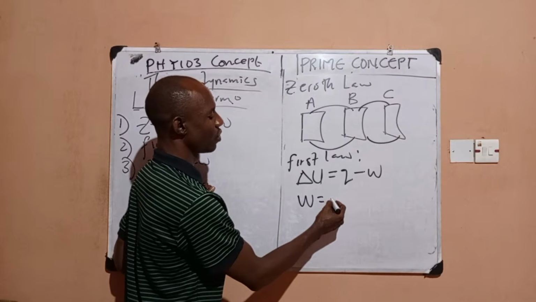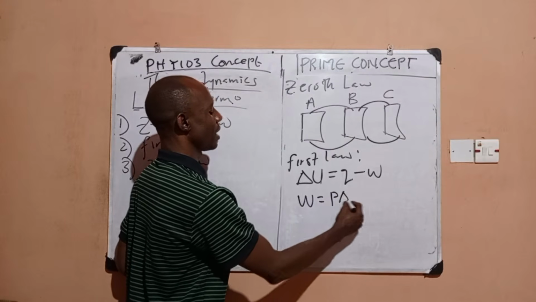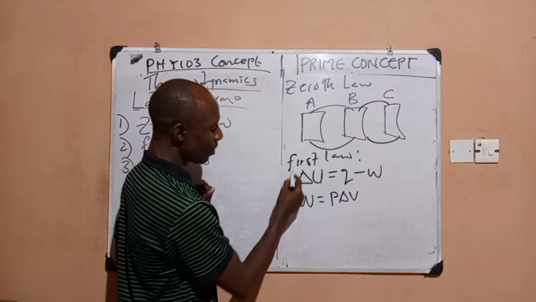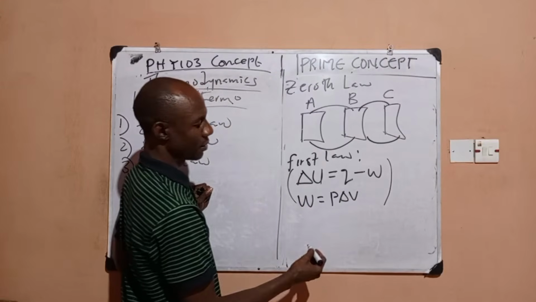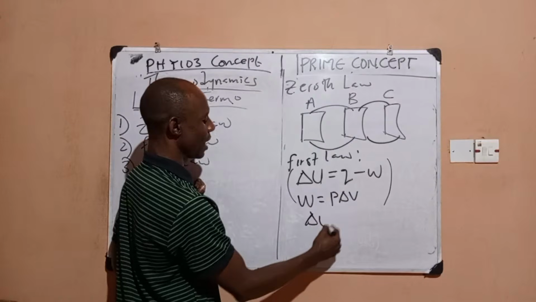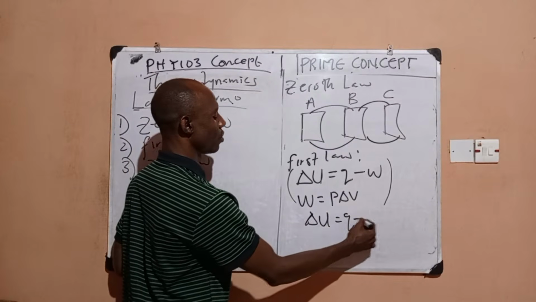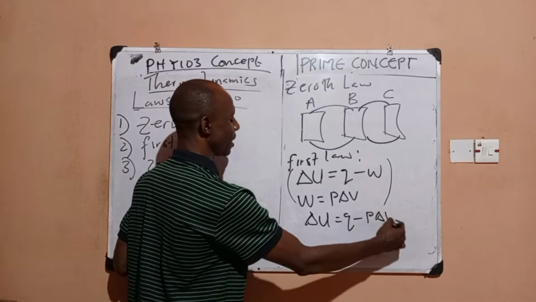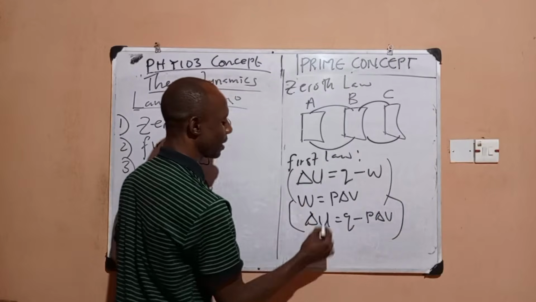Your work done is going to be P delta V. So these two formulas go together, so that at the end, if you replace W, you have that delta U is equal to Q minus P delta V. So this is what you will have at the end of the day.